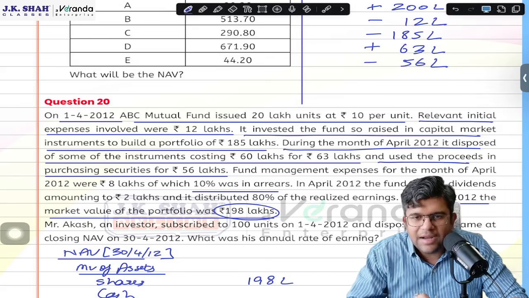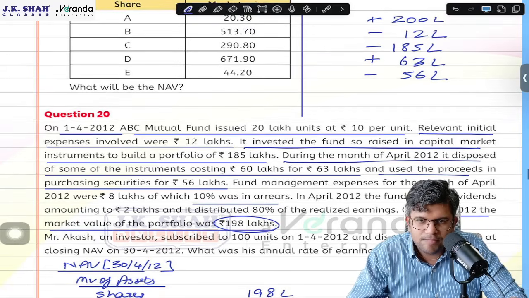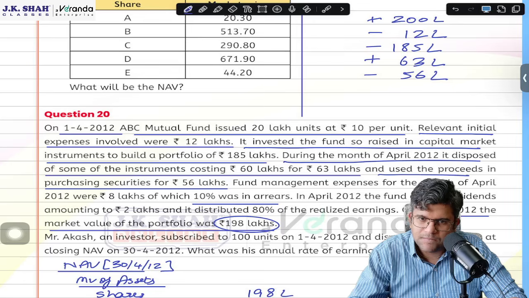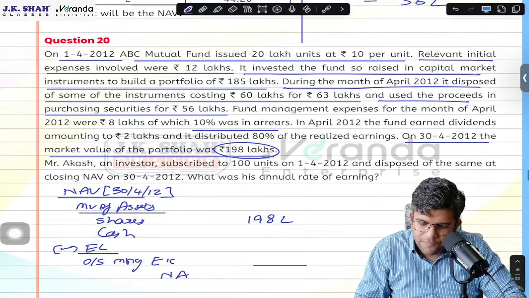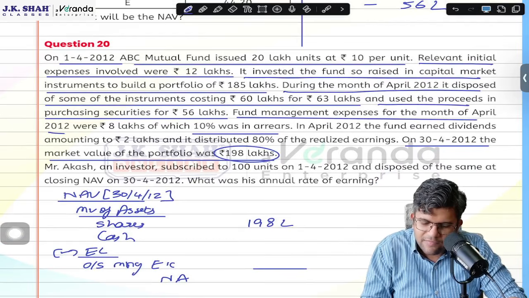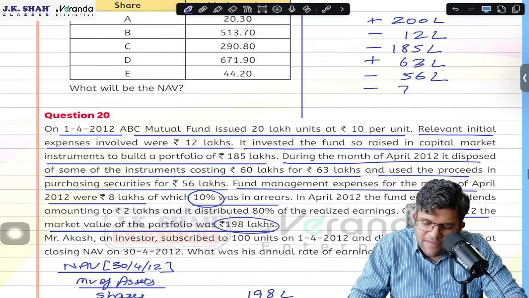Till here, any doubt, please ask. Fund management expenses, another expense, were 8 lakh, of which 10% were in arrears. 7.2 goes out.